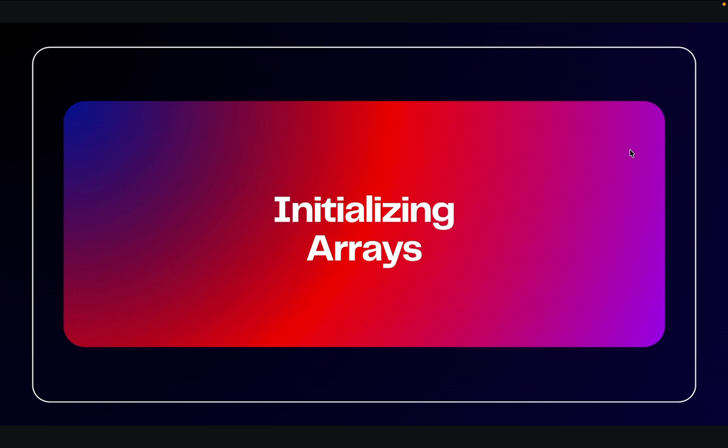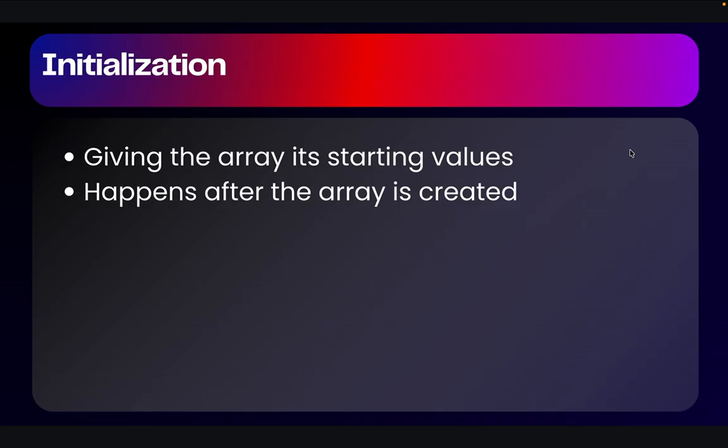So now let's get into how you would actually give it a value. And this is what we get into with initializing your arrays. Initialization is the term that's given when you are telling your array its starting values. This is going to happen after that array is declared or created.